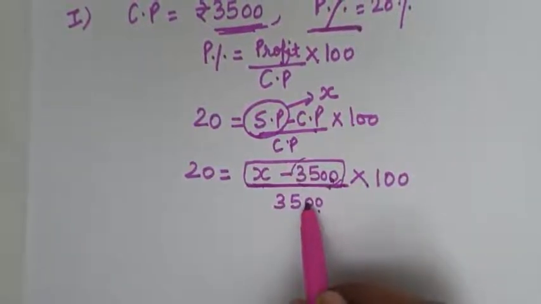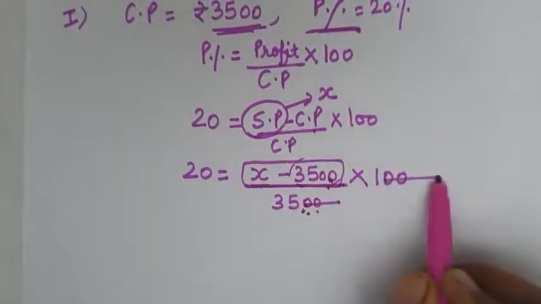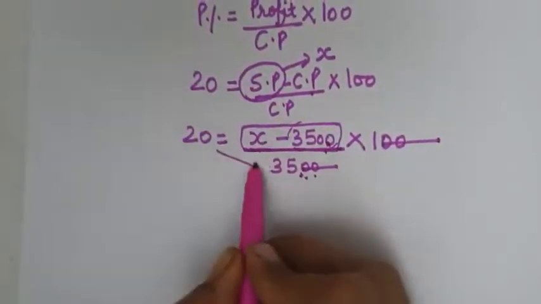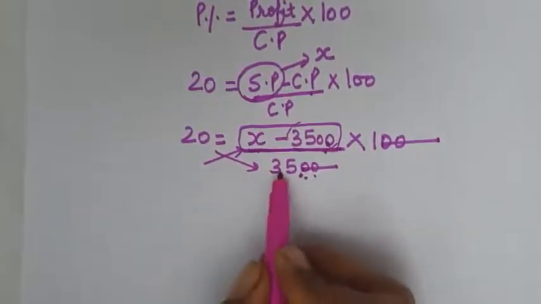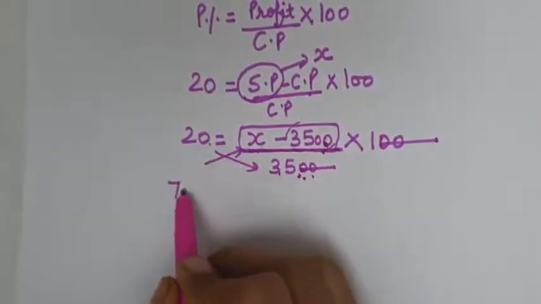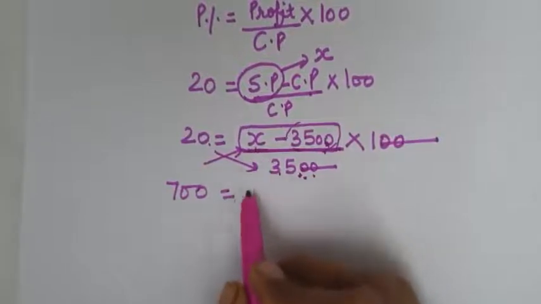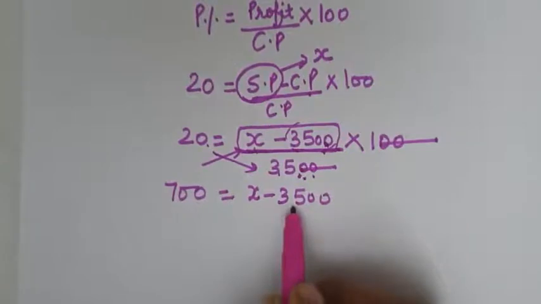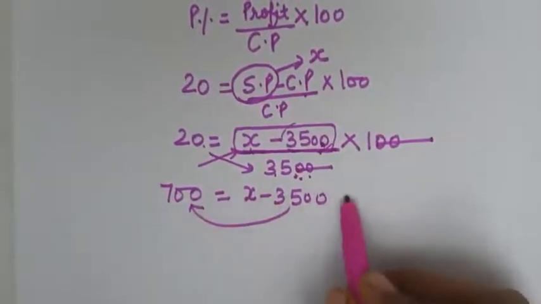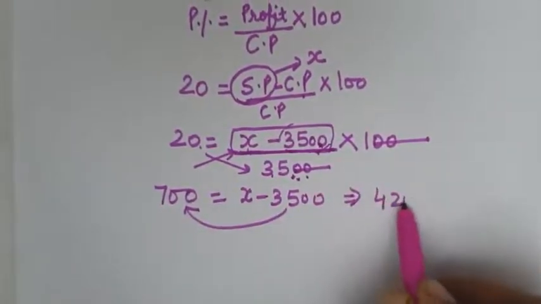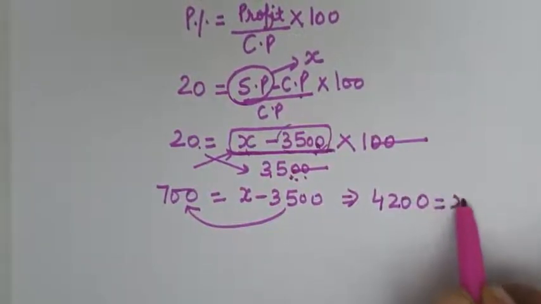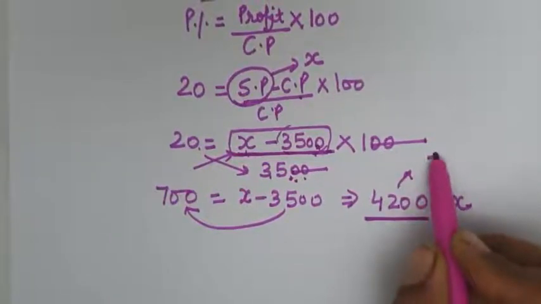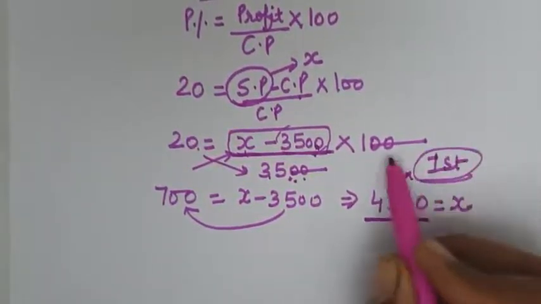But you can cancel these two zeros with these two zeros. Fine. So on cross multiplication, what do we get? 35 into 20 is 700 equals X minus 3500. Now this will shift to that side and we get 4200 equals X. Now this is the selling price of the first article.